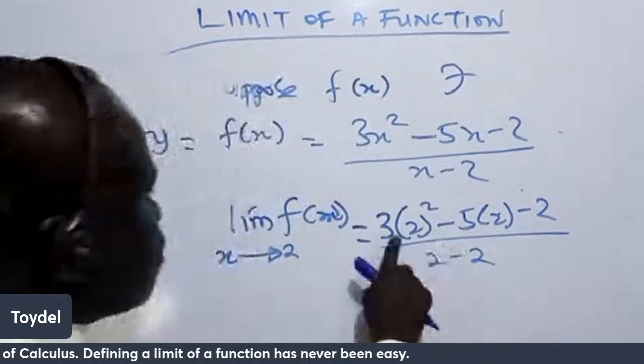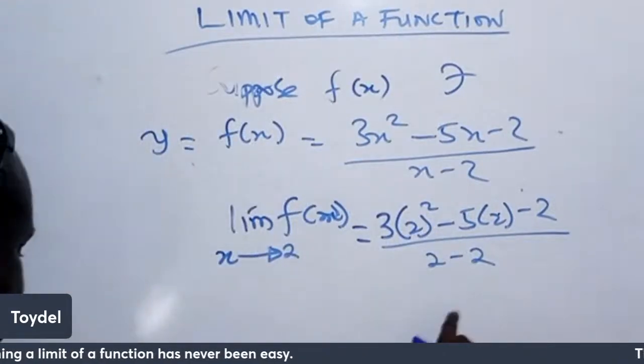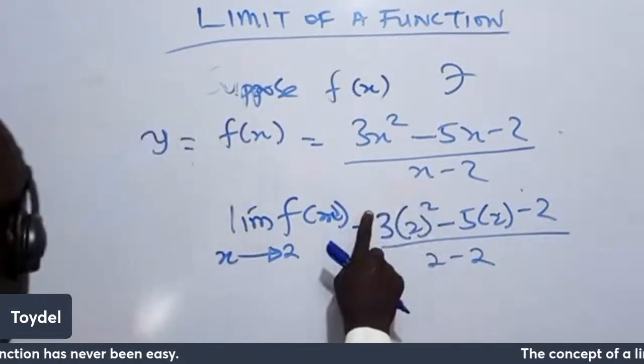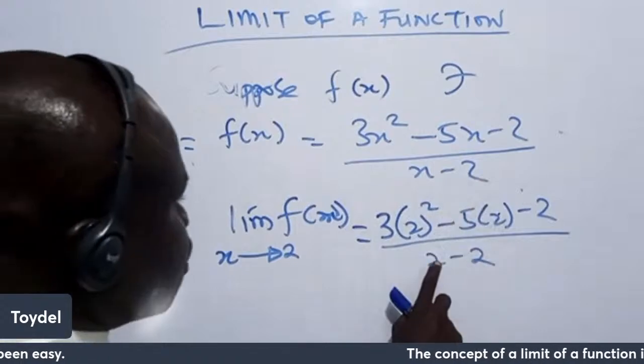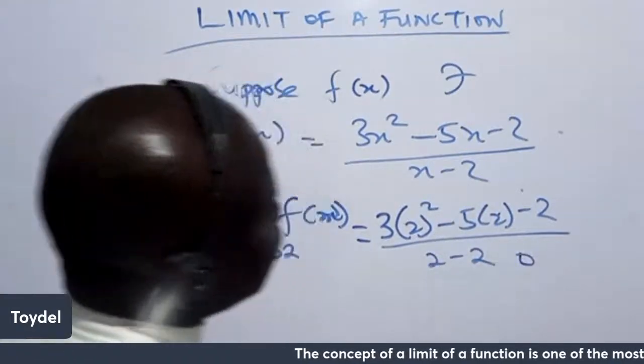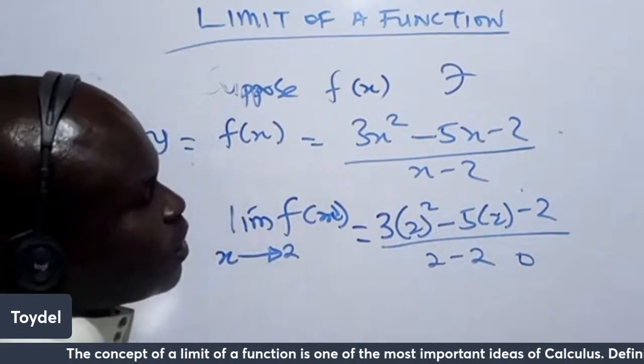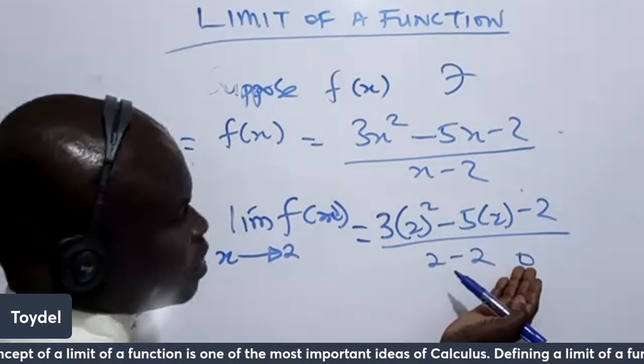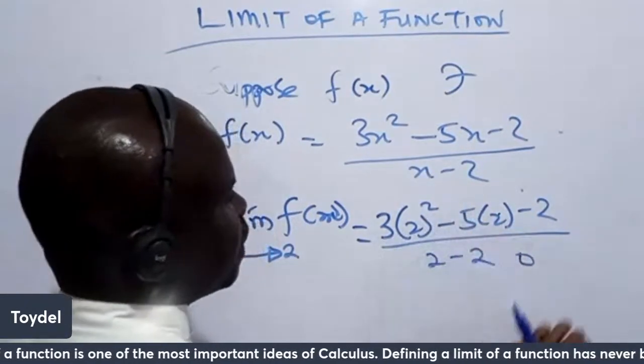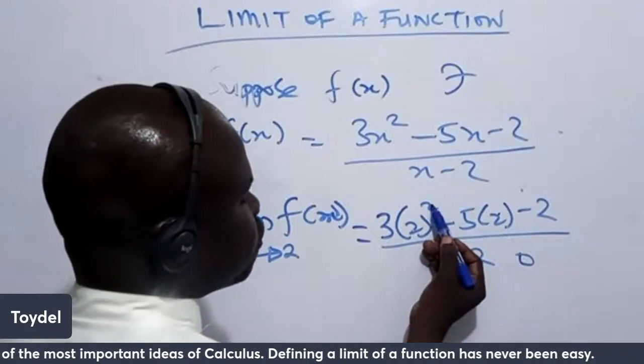When we do this, it will be undefined because the denominator is x minus 2, and 2 minus 2 will be 0. Once we have 0 at the denominator, this fraction will be undefined. Here we are going to have 2 times 2, 4, 4 times 3, 12.